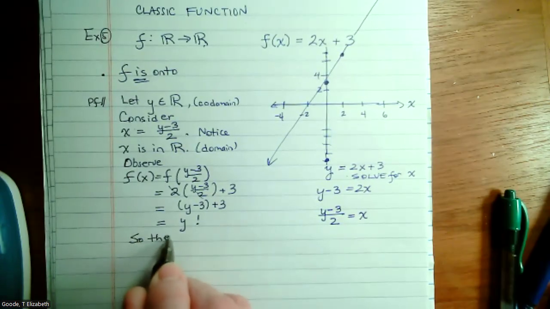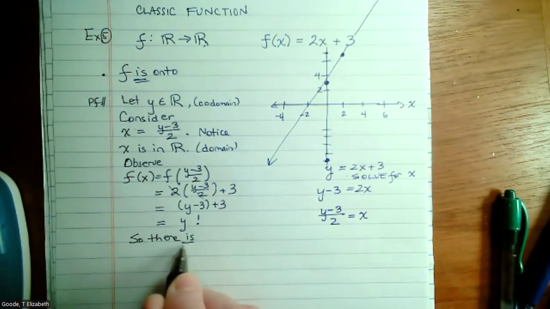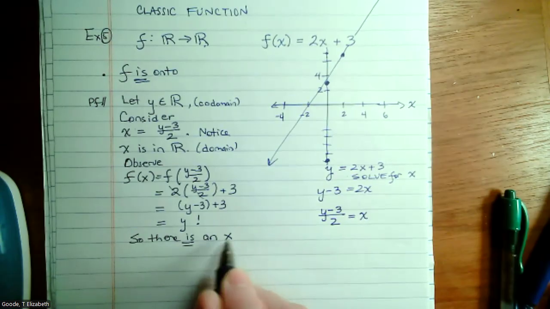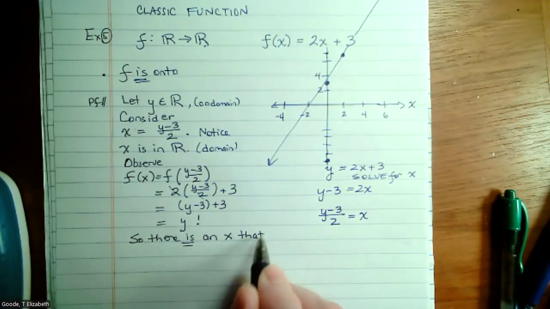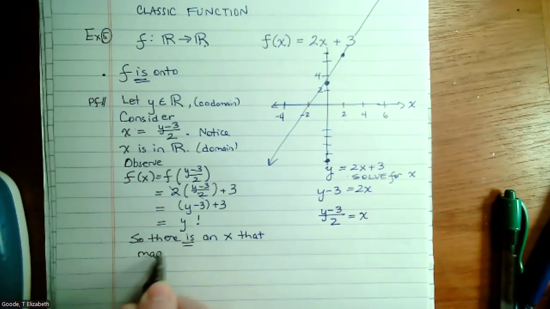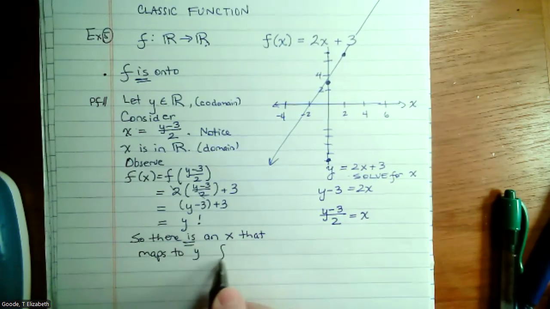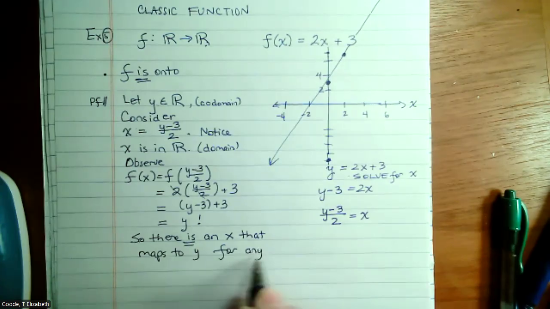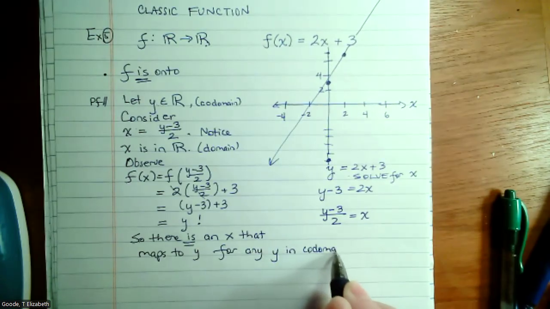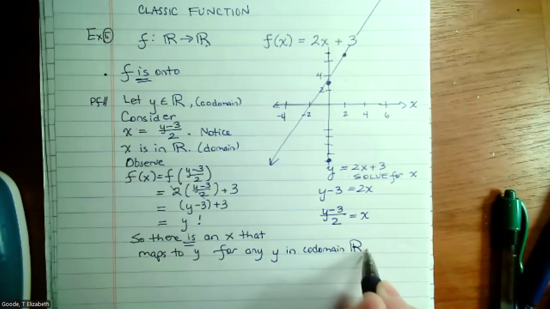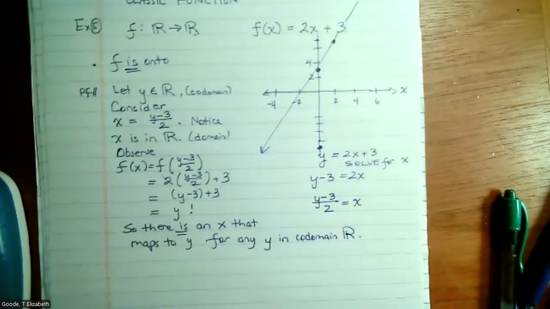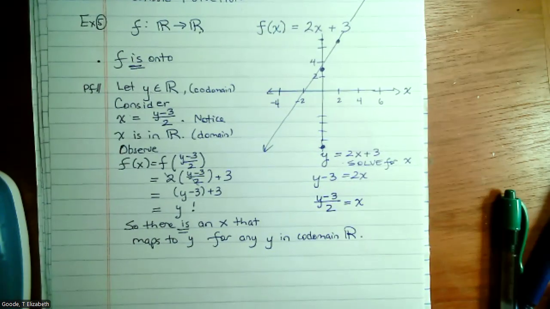So there is an x that maps to y for any y in the codomain R. We can always find an x that will hit it. And this f is also 1-to-1.